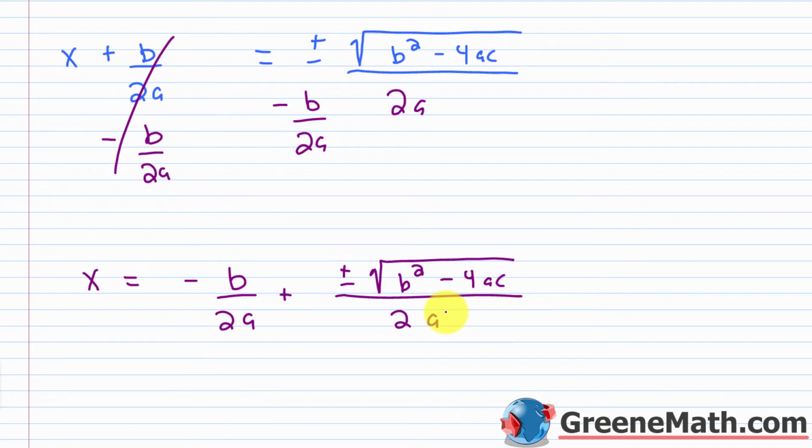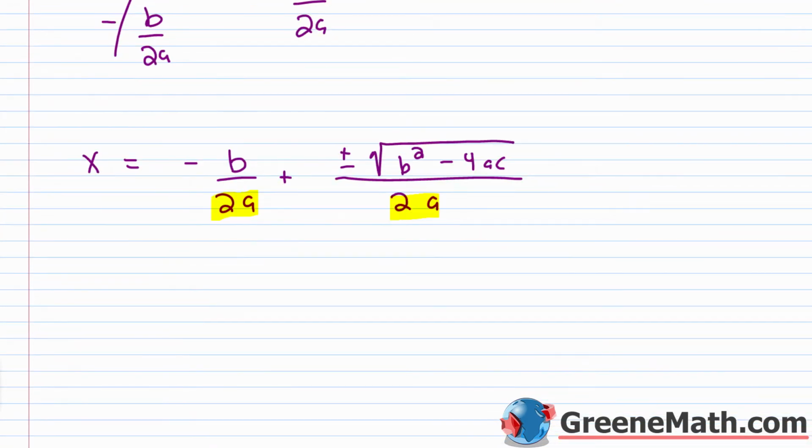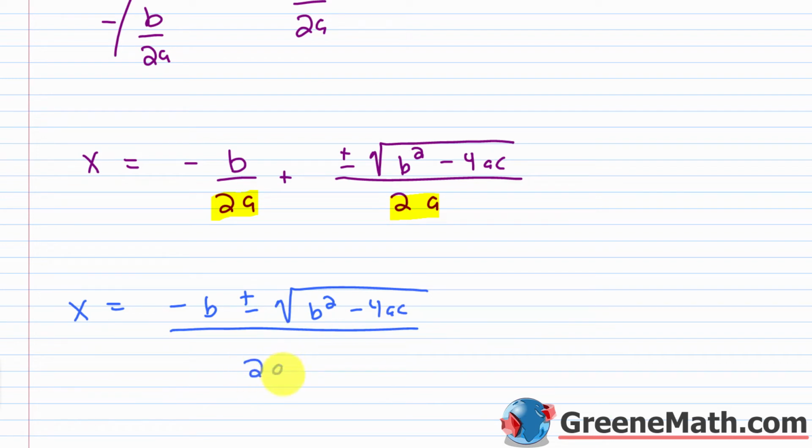Now, I have a common denominator here. I have 2a here and 2a here. So really, I can write this in a more compact form, and in the format you're going to see in your textbook, as x is equal to negative b plus or minus the square root of b squared minus 4ac over the common denominator of 2a.